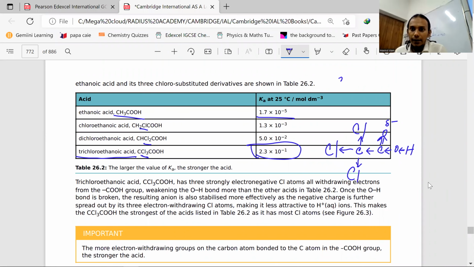On the other hand, if you have methyl group connected, then what is happening? দেখো methyl groups are electron releasing, right?